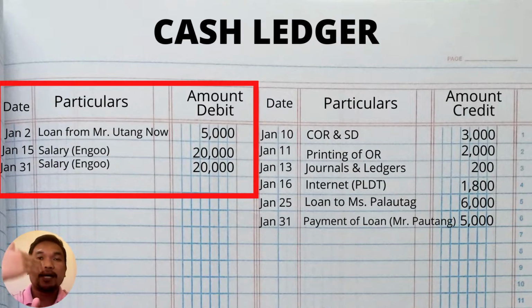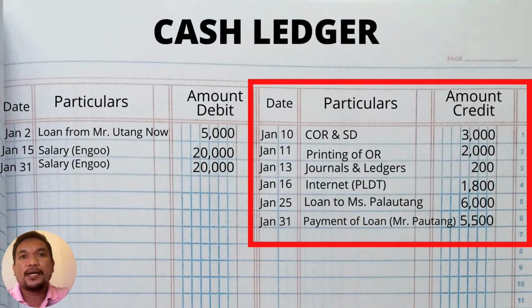So ilagay mo siya sa left side, the debit side, or receipts or cash receipts. Yung natanggap mo ng mga pera. And also for January 15, naka-receive ka ng salary from the company, so ilagay mo din yan doon, for 20,000. And another one, January 31st, it's a salary, of course, from the company, so ilagay mo din siya doon sa left side, on the debit side of your cash ledger.